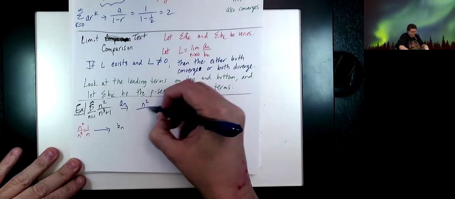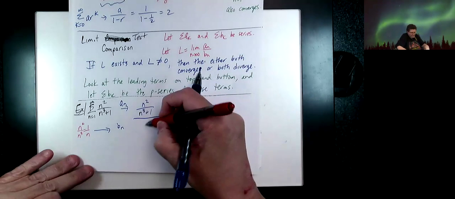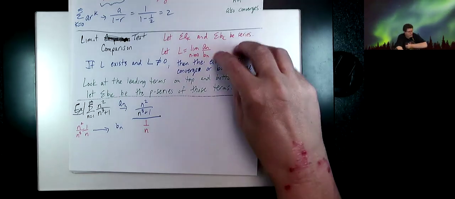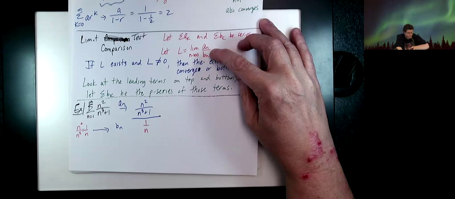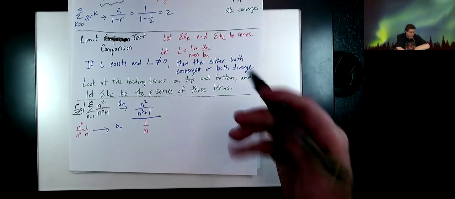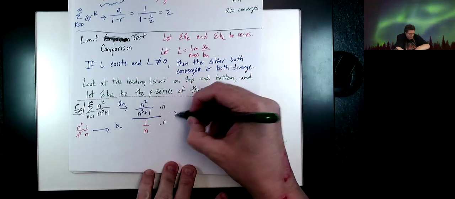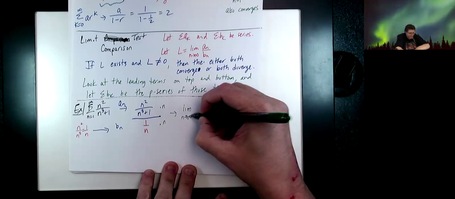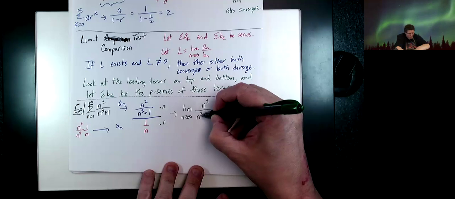n squared over n cubed plus 1, divided by 1 over n. Because we're going to do this right here: the limit as n goes to infinity of that. Multiply top and bottom by n. And we are looking at the limit as n goes to infinity of n cubed over n cubed plus 1.